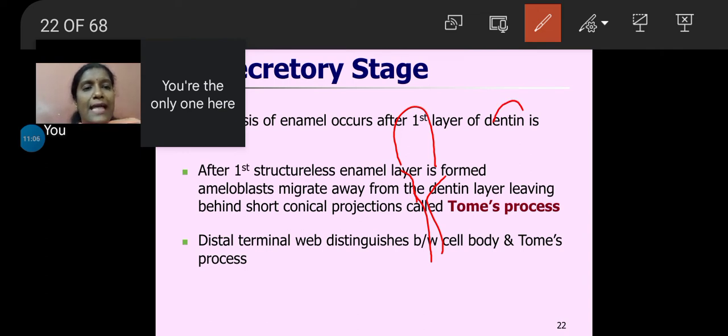You will see that Tomes' process is a cell extension, and you don't know which part is the ameloblast cell body and which is the extension, Tomes' process. In order to differentiate, you have to identify the distal terminal web apparatus. Whatever part of the cell comes above the distal terminal web is the cell body, and beyond that is Tomes' process.